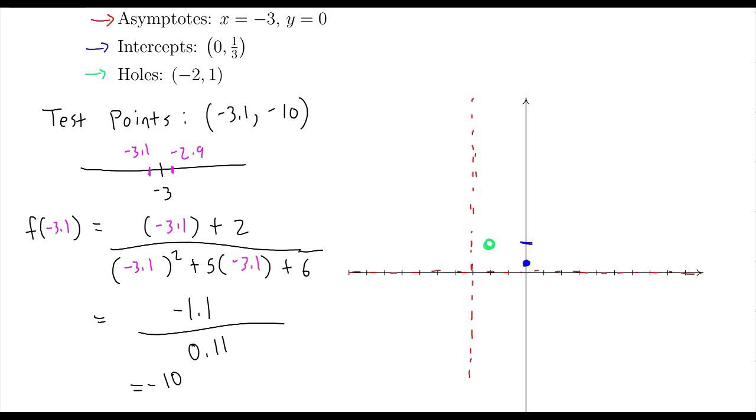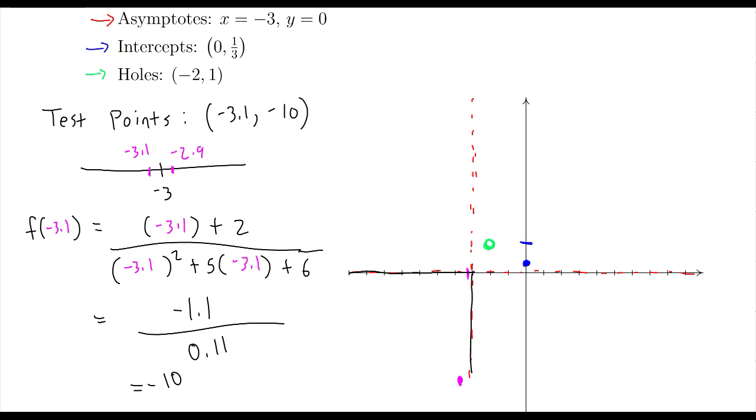If I wanted to plot that, -3, of course, is right here. That's -3, so -3.1 is going to be right about there. And I get -10, which means that the actual point of the graph is way down here somewhere. If I have to obey these boundaries, I have to maintain my graph within those.